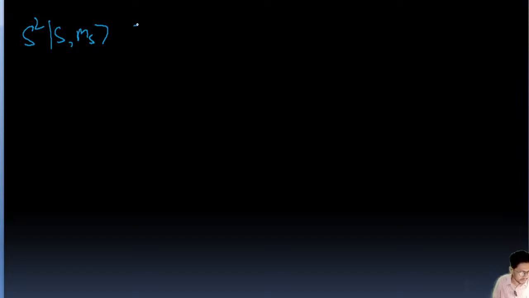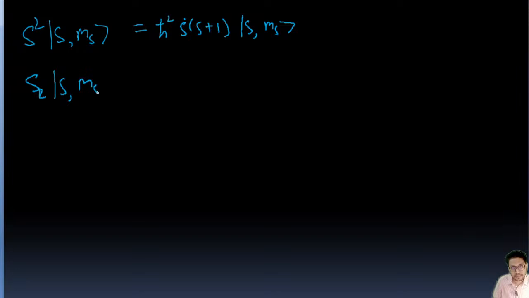S squared on |s, ms> equals ħ squared s(s plus 1) |s, ms>, and similarly Sz on |s, ms> equals ms ħ |s, ms>. These are the points.